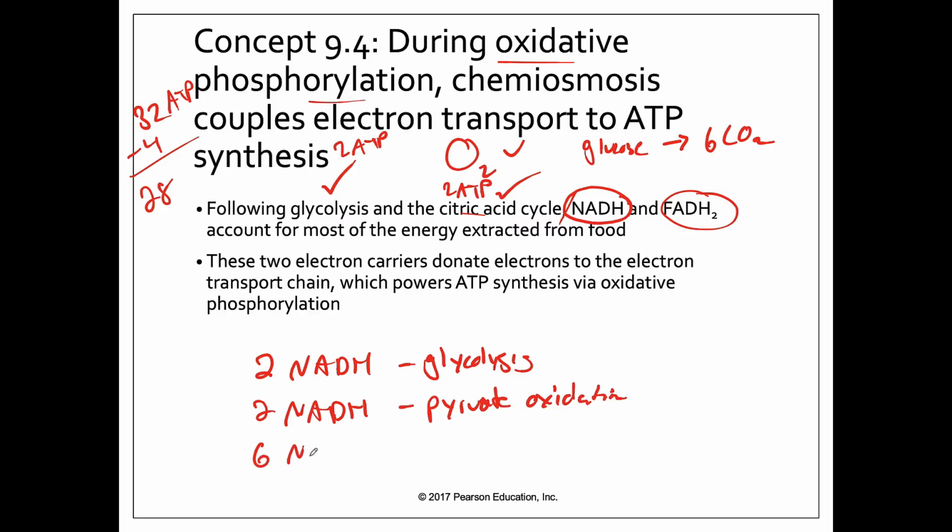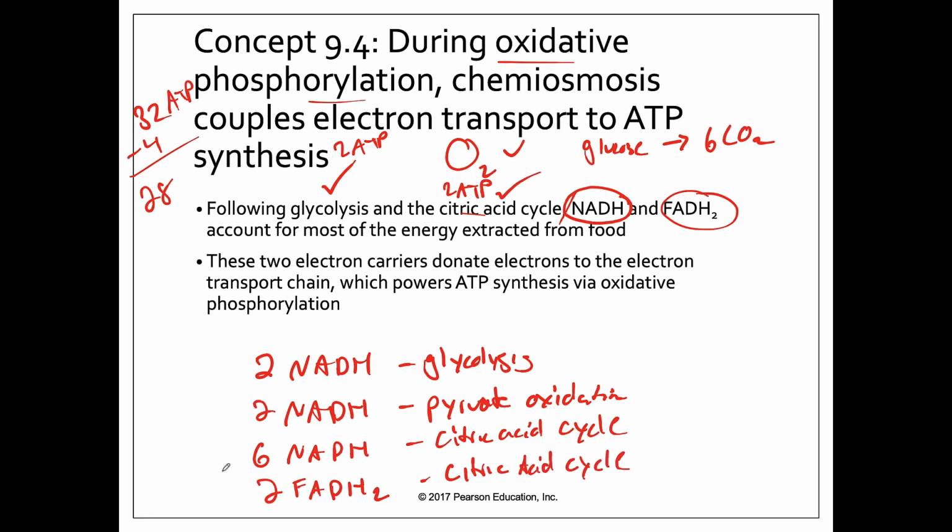We should have 6 NADH from the citric acid cycle, and 2 FADH2 also from the citric acid cycle. So we actually have a lot of energy storing molecules here. So we have a total of 10 NADH and 2 FADH2.